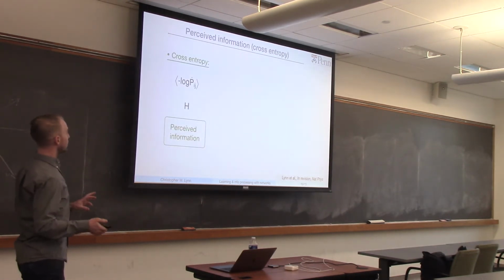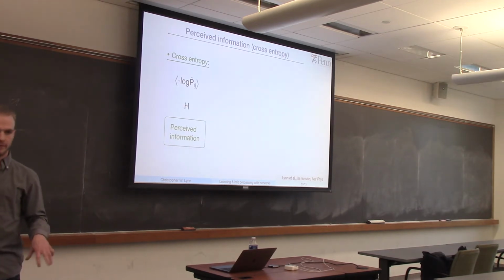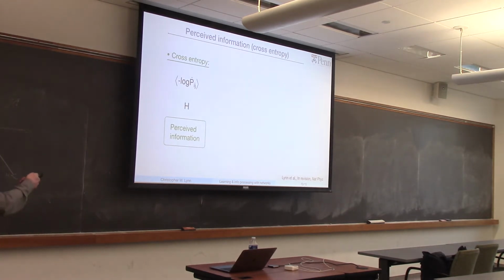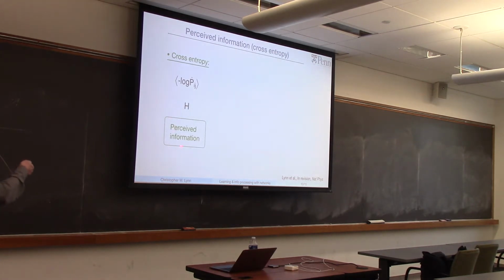So, one last little bit of mathematical help. I think it helps to gain a little bit of intuition by looking at this simple equation, which is one of my favorite simple equations. We have this cross entropy, which is just minus log P hat, and we think of it as perceived information, the amount of information a human perceives.